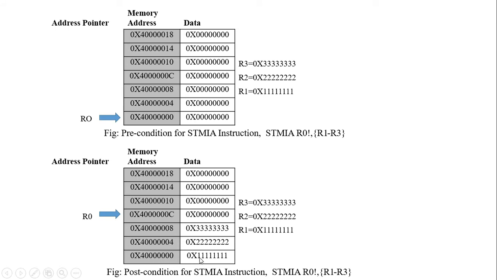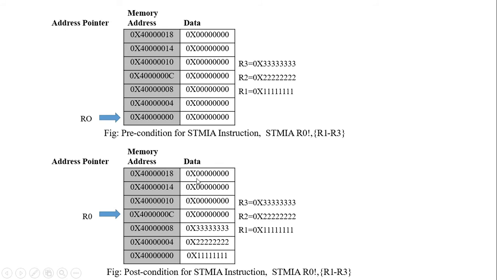In that address the 11 is loaded. Then again it will be incremented by 4. Again the second R2 value will be loaded, then the R3 value will be loaded. And finally it will be incremented by 4, and R0 is pointing at the address 0x4000000C.